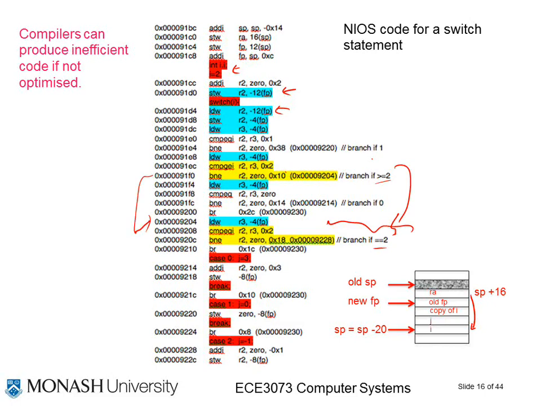So it's greater than or equal to 2, so I branch somewhere here, and then I compare if it's equal to 2, and then I do something else. Well, the point is, you might want to take one path if it's greater than or equal to 2, and a second path if it's equal to 2.